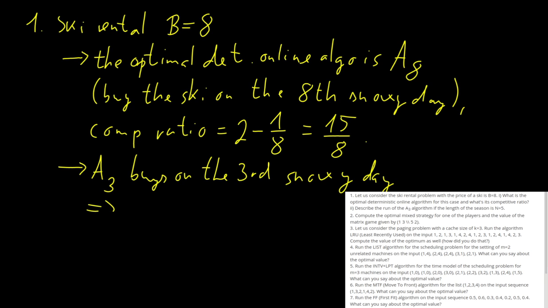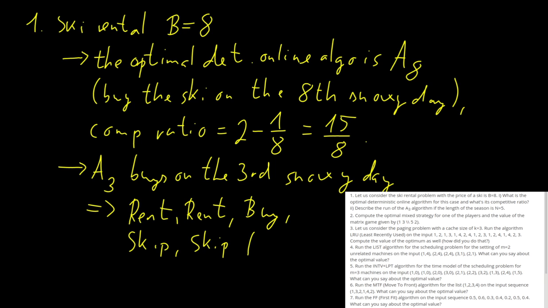which means that the run of the A3 algorithm is just rent, and then it's rent, and then it's buy, and then it's a skip, and then it's a skip for the snowy days, because if the length of the season is 5, then it means that we have 5 snowy days.